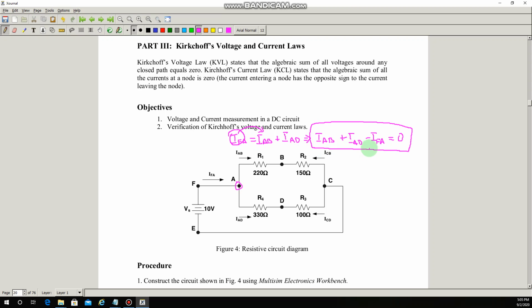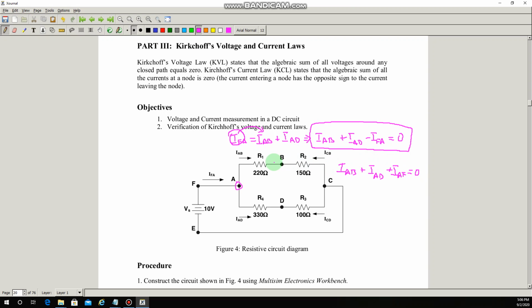Now, as I told you earlier, IFA is actually equal to minus IAF. Similarly, minus IFA will be equal to IAF. So if I replace this minus IFA by IAF, then the equation can be written like this: IAB plus IAD plus IAF equal to 0.